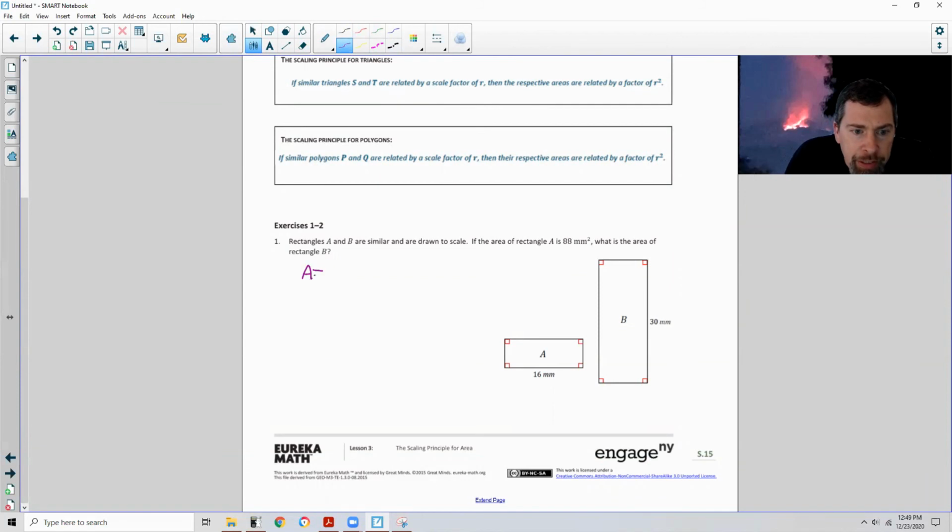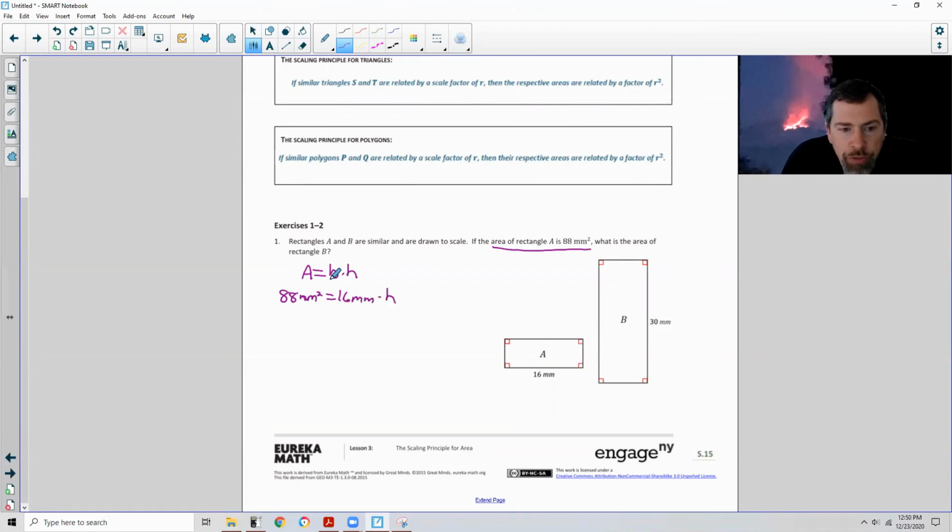Area equals base times height. Substitute in the givens. The area of rectangle A is 88 millimeters squared. So over here, I'd put 88 millimeters squared equals the base, which is 16 millimeters, times the height.